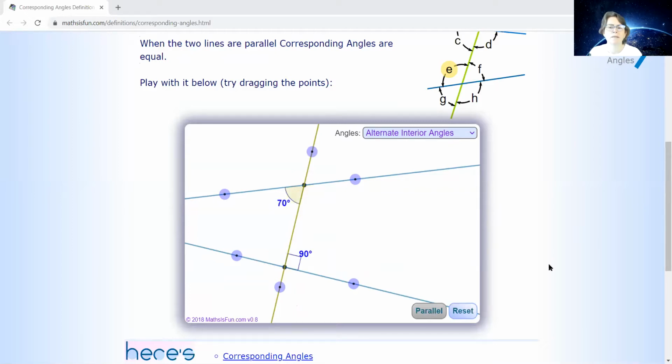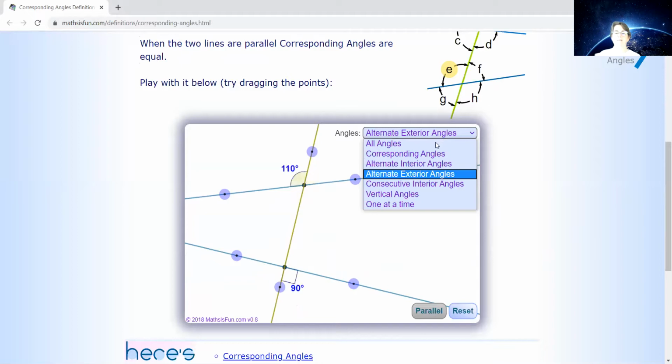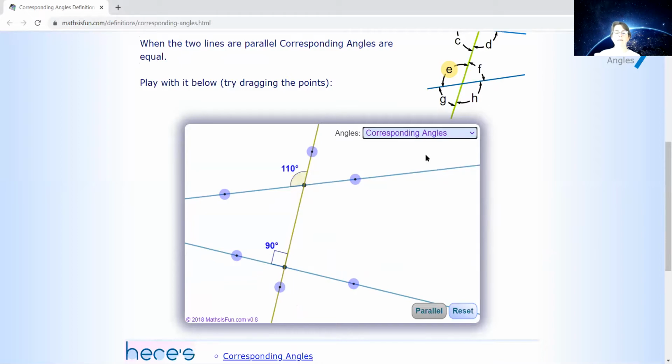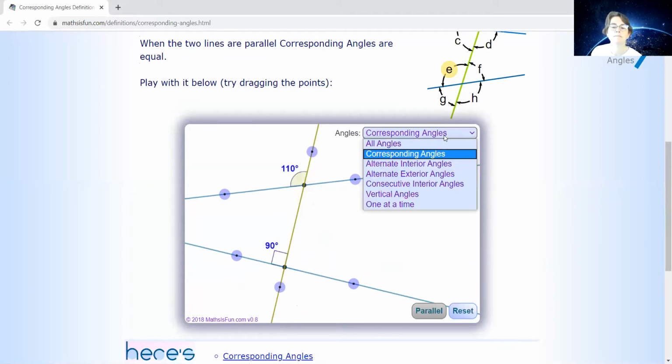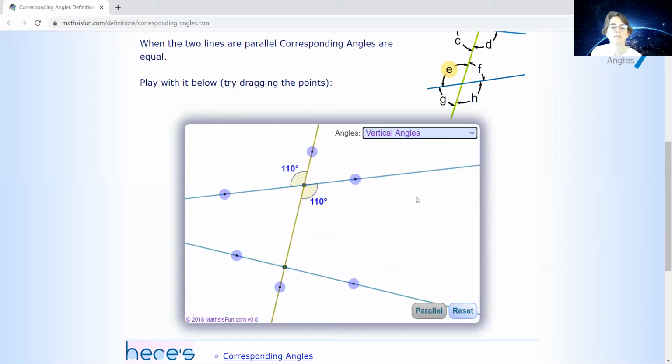And what's nice is we can do alternate exterior angles. And we can even do corresponding angles, which I think is the next video. Oh, and even our good friends, vertical angles. Look at all the sets.